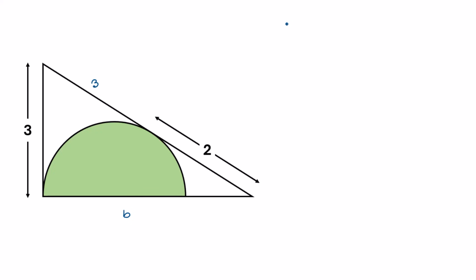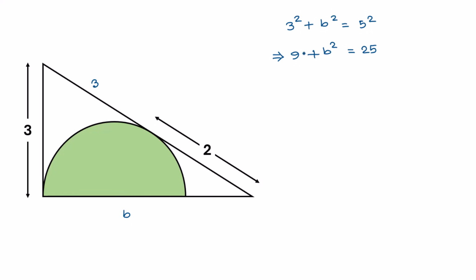So height is 3, so we can write 3 squared plus base squared, which is b squared, is equal to this hypotenuse squared, which is 5 units. So 5 squared. Or this 3 squared is 9 plus b squared is equal to 5 squared, this is 25.